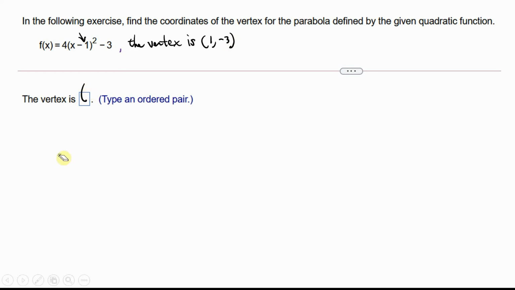So 1 comma negative 3. That's it. Because it's of the form f of x is equal to a times the expression x minus h squared plus k. Does that make sense? Okay.